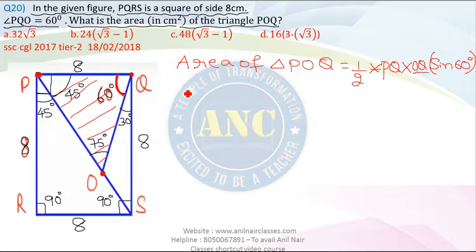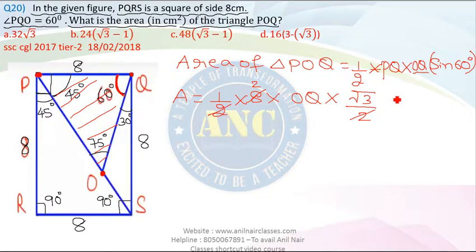That means the area of this triangle, let me call it A, is half into PQ value, which is 8. I don't know the OQ value. Sin 60 value is root 3 by 2. 2 into 2 is 4. 4 is cancelled with 8 two times. That means the area is 2 root 3 times OQ.